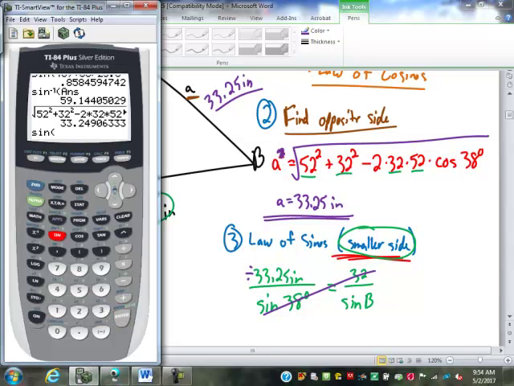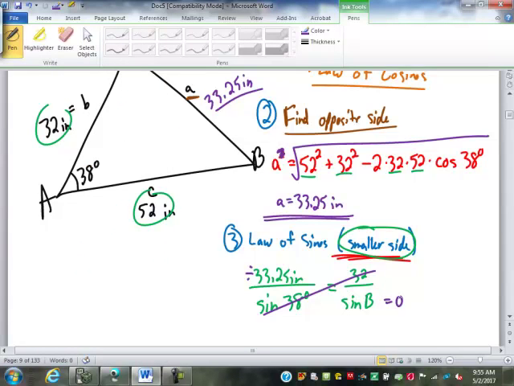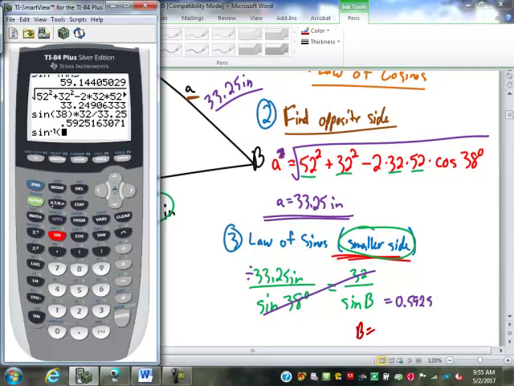Sine 38, close that parentheses, times 32 divided by 33.25. 0.5925. We do an inverse sine to find B. So second sine, second answer. 36.34.